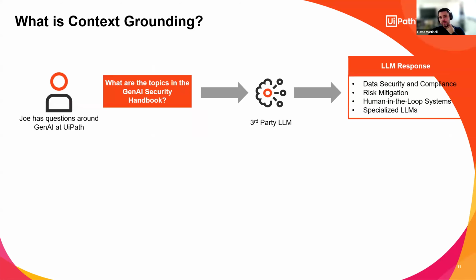But speaking about specialized models, we just introduced, and will see later, context grounding. But what is context grounding? This is a common flow. We have a question around GenAI, and we ask a generative model about some topics.